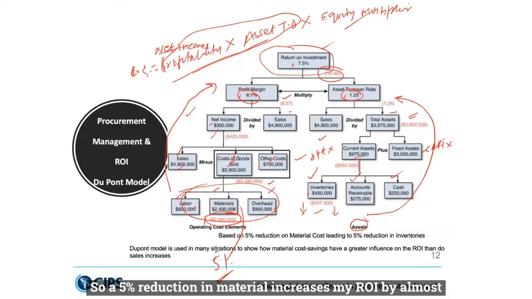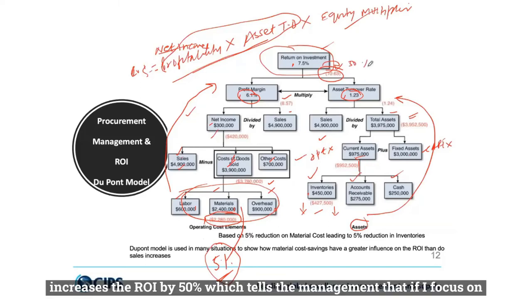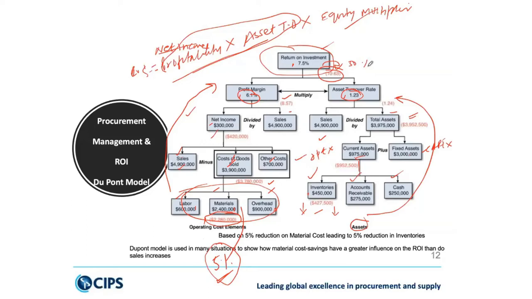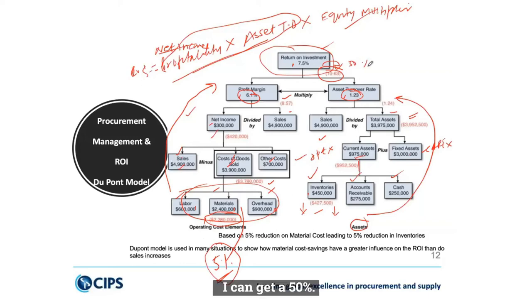So a 5% reduction in material increases my ROI by almost 50%, which tells the management that if I focus on procurement, I'm able to increase the ROI. If I focus on third-party spend, I can get a 50% ROI.